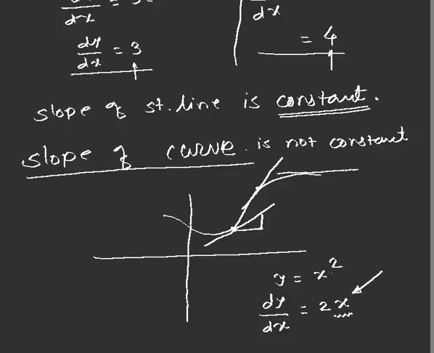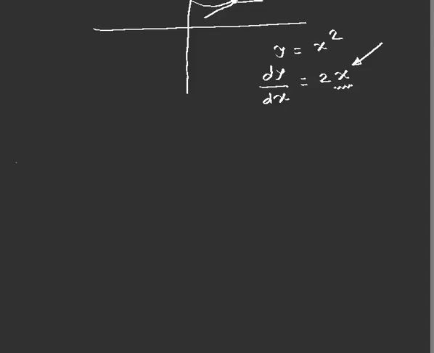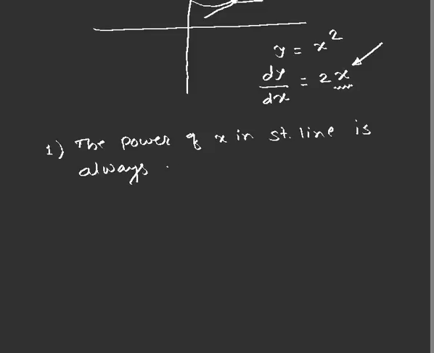Similarly for any curve, because every curve will have the power of x more than 1, its slope will be changing. So we have learned two rules. The first one, the power of x in a straight line equation is always 1. That's why it shows a straight line.